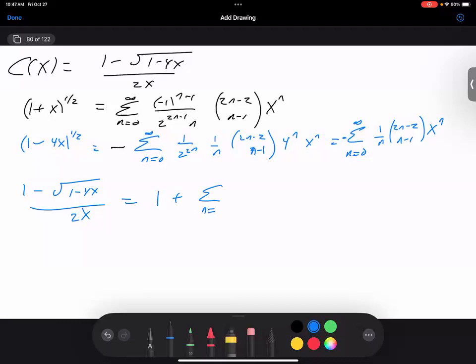So I think I'm going to just start off with n equals 1 to infinity of 1 over n, 2n minus 2 choose n minus 1, and we have an x to the n. We're dividing by 2x, so it becomes x to the n minus 1. So the n equals 0 term canceled with the 1, and this is what is left over.